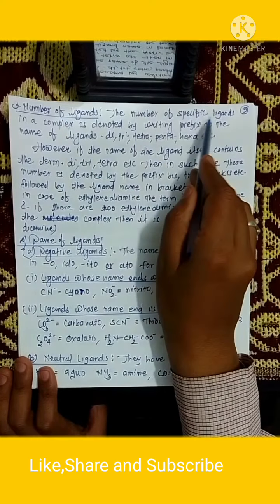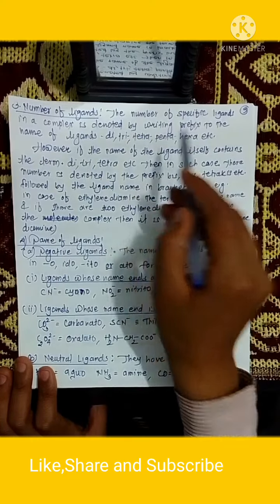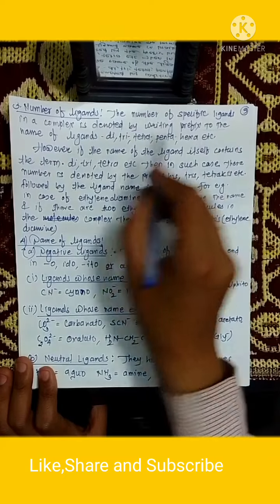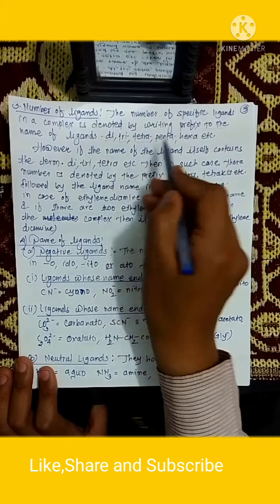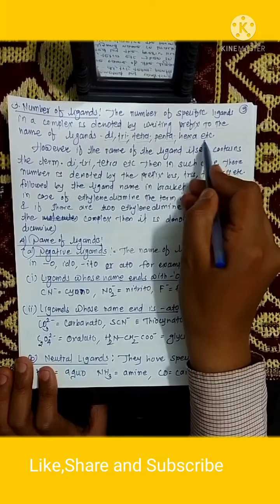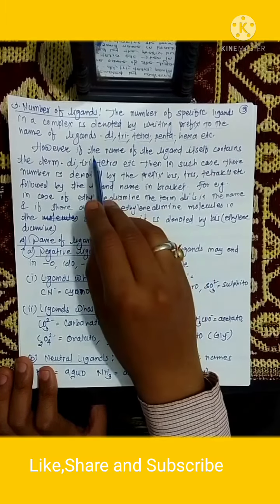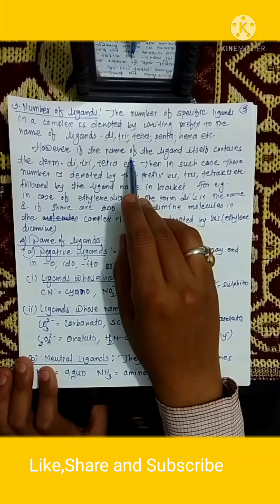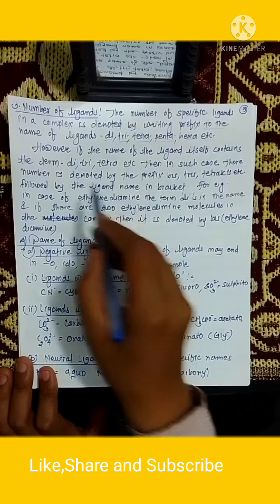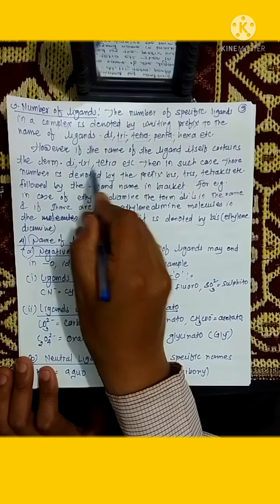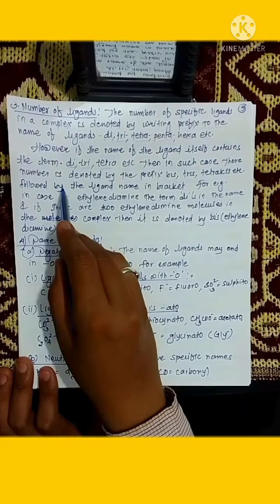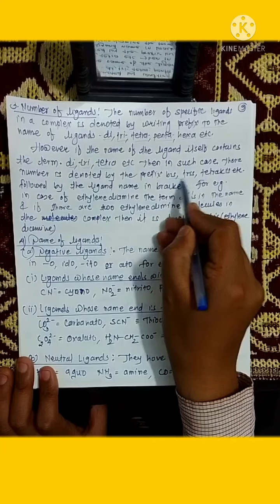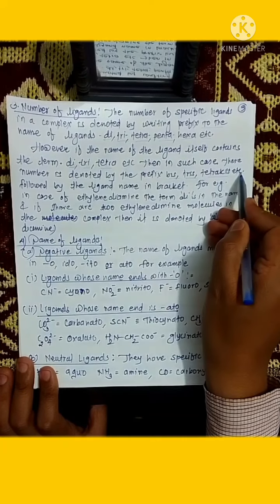The number of a specific ligand in a complex is denoted by writing a prefix to the name of the ligand, that is di, tri, tetra, penta, hexa, etc. However, if the name of the ligand itself contains the term di, tri, tetra, etc., then in such cases the number is denoted by the prefix bis, tris, tetrakis, etc.